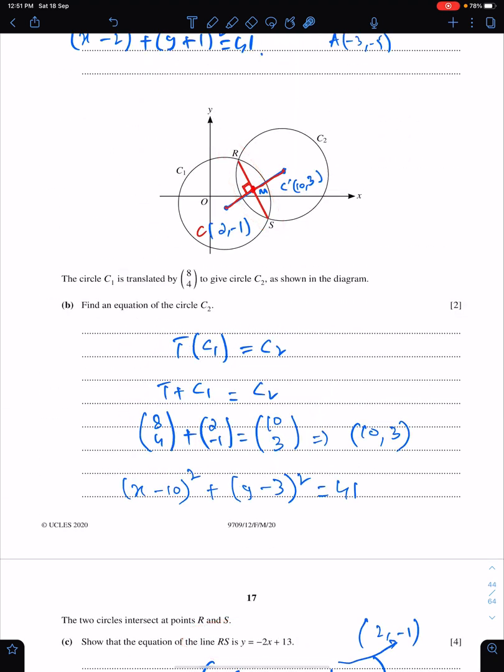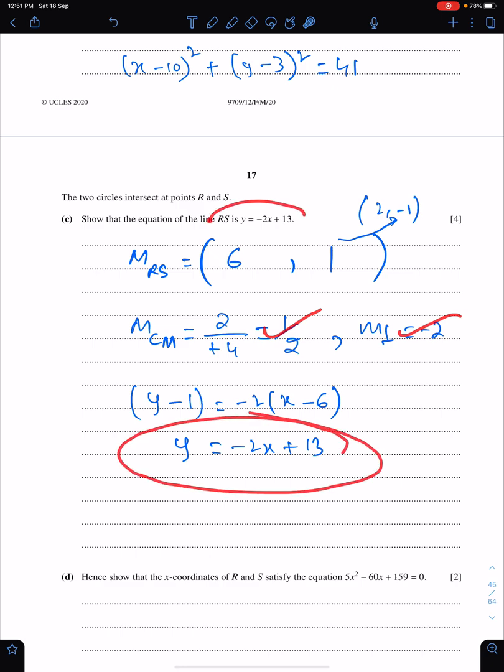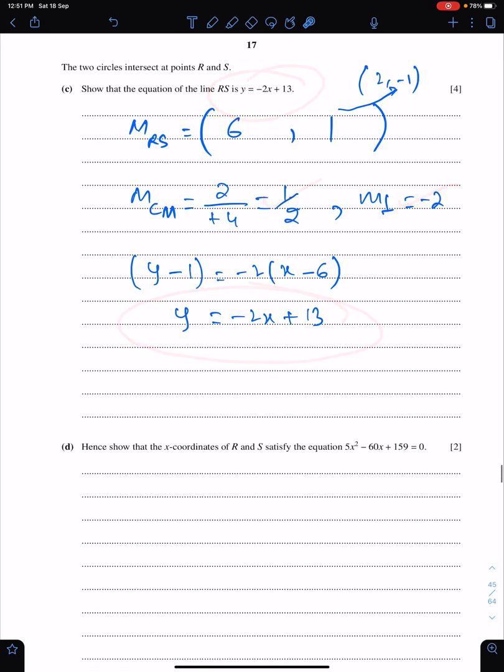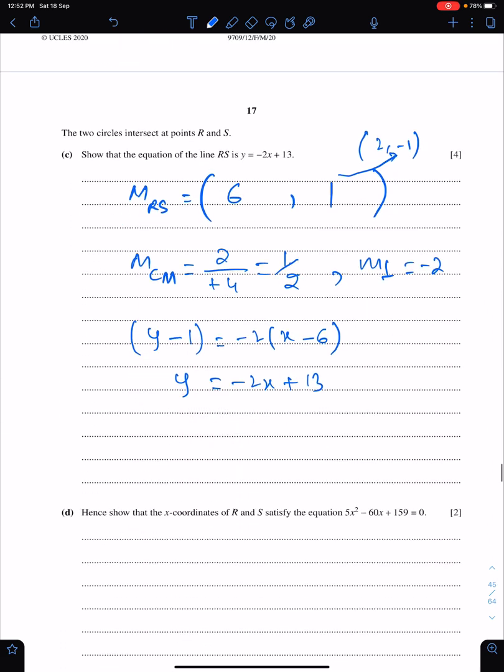First get the midpoint of both the centers. This will be the midpoint of RS, and then find the gradient of CM, and then find the gradient of RS. So this is the equation. Now find the x coordinates of RS. Show that the x coordinates of RS satisfy this equation. This is simple. You just need to solve this equation with the equation of the circle. By solving these two equations simultaneously, we can prove this.